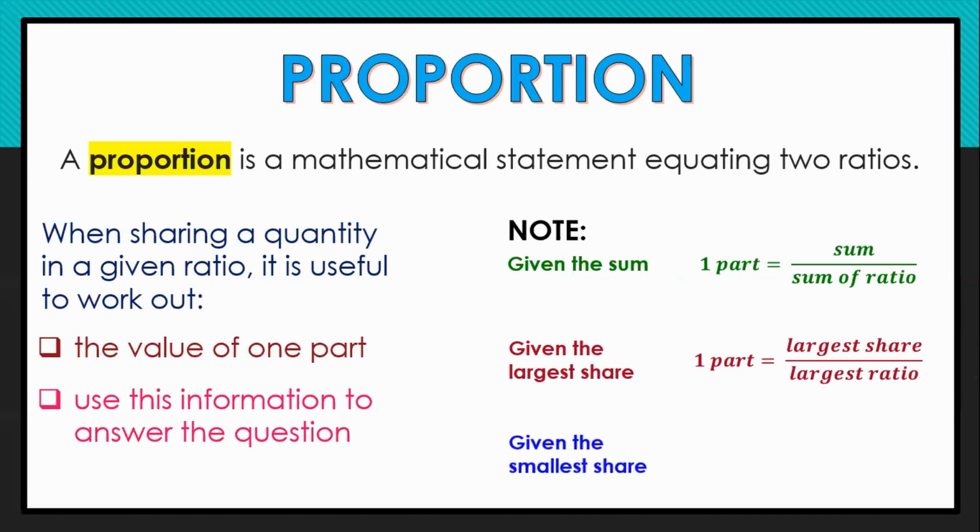And if you are given the smallest share, to find one part, we are going to divide the smallest share by the smallest ratio. Please note that what is being shared is the numerator and the corresponding ratio is the denominator. Let us look at a few examples.